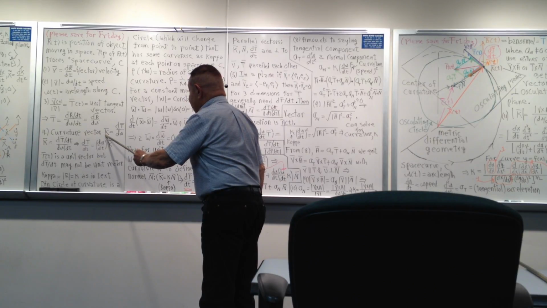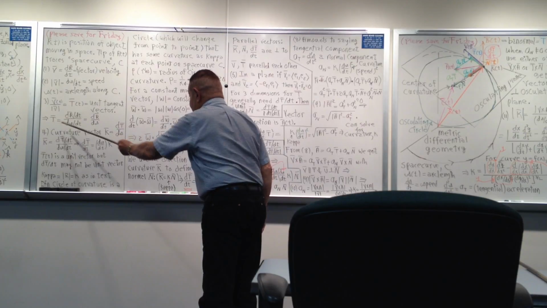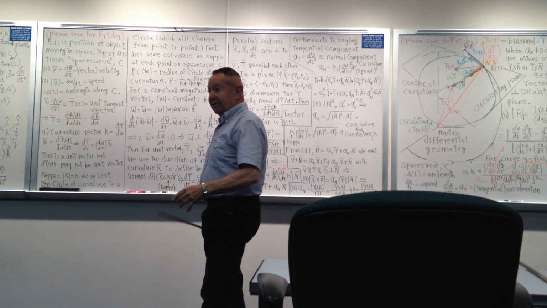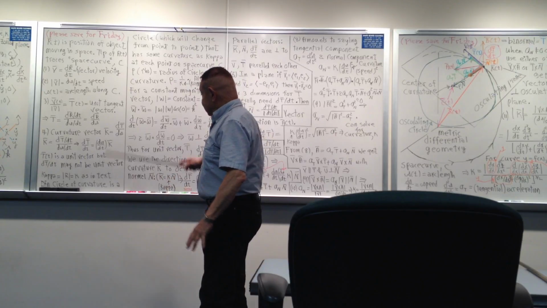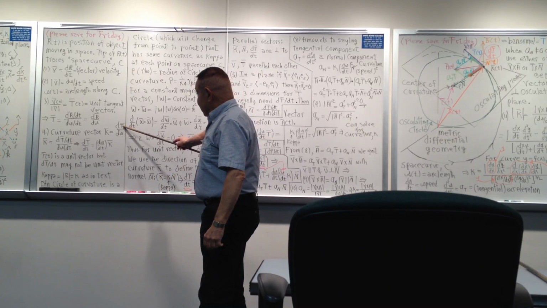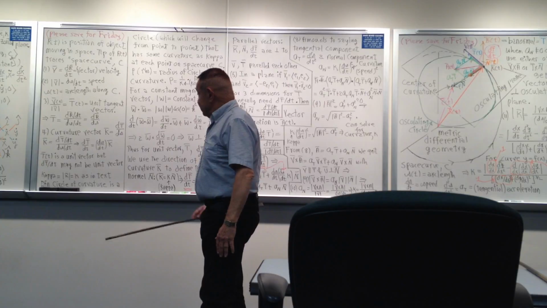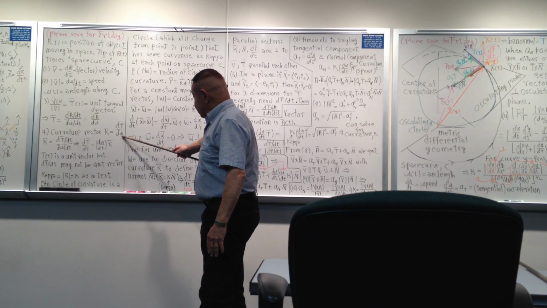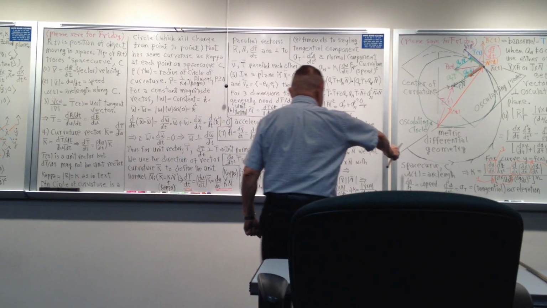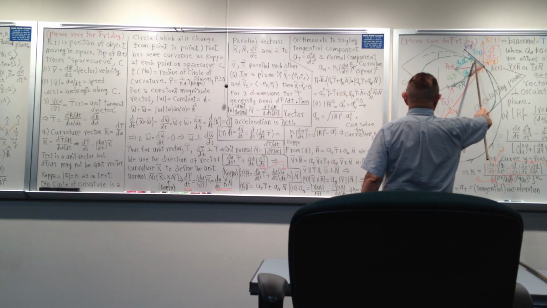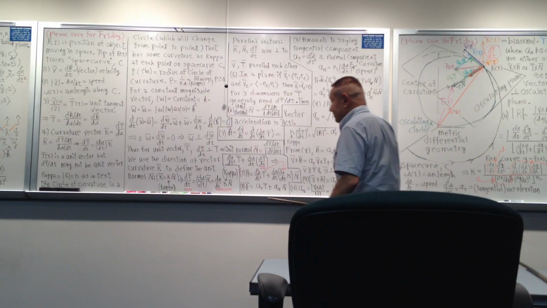Your curvature vector then is the derivative of the unit tangent vector with respect to arc length. It's saying how your line of sight or tangent vector changes with your change in arc length along the curve, so how it changes with your position along the curve.